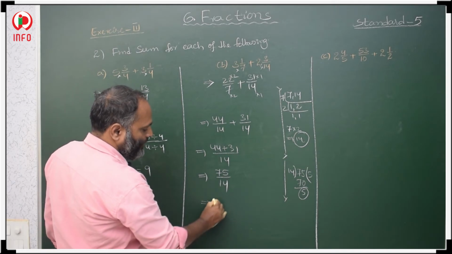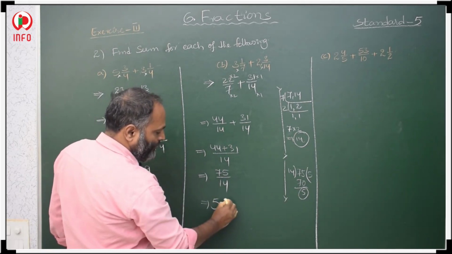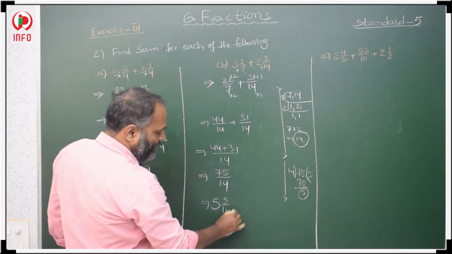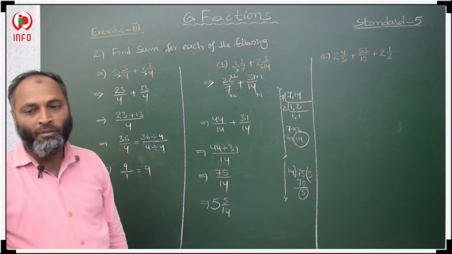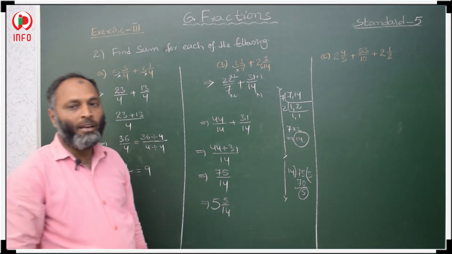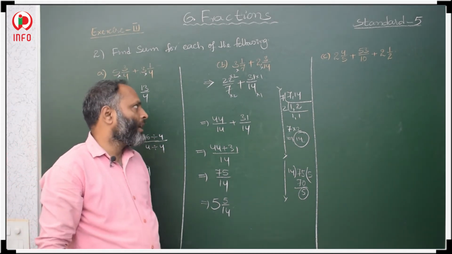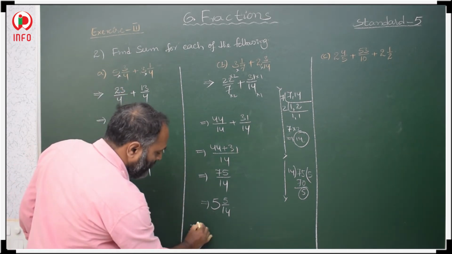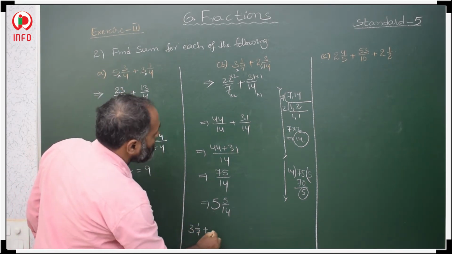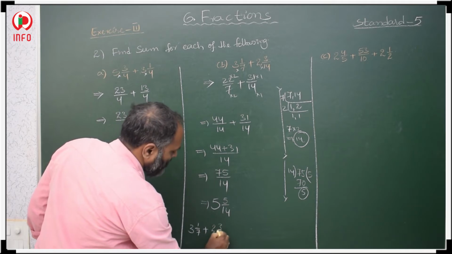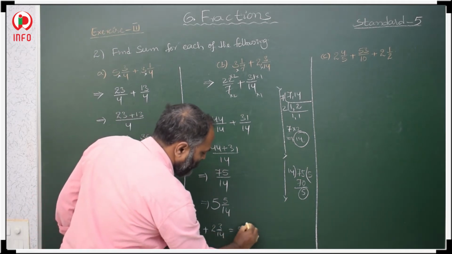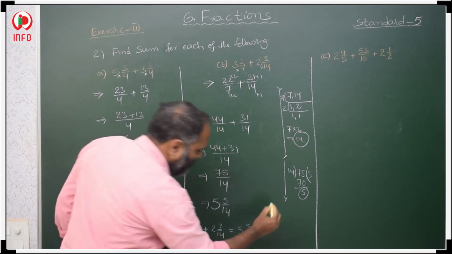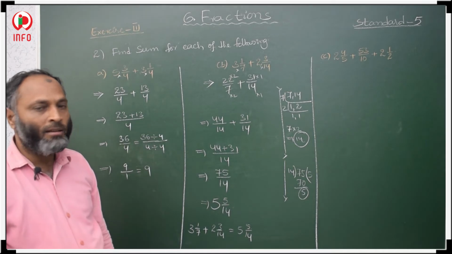First we write the quotient 5, then the remainder by the divisor, 5 by 14. So this is our answer. When you add 3 1 by 7 plus 2 3 by 14, the answer is 5 by 14.